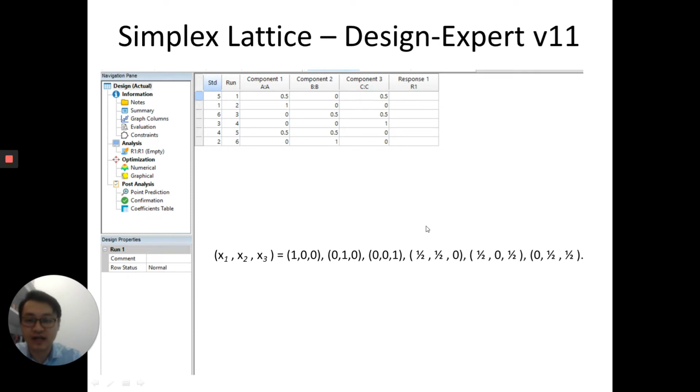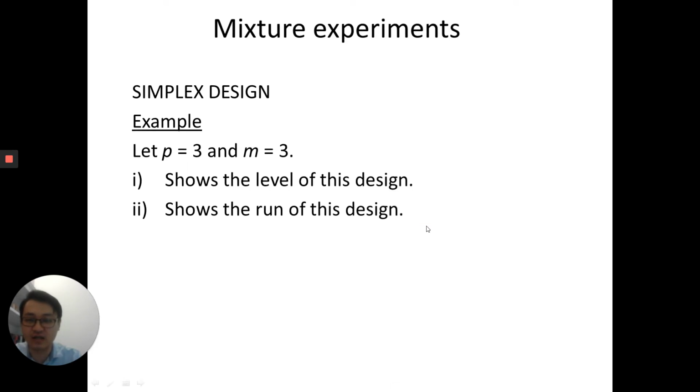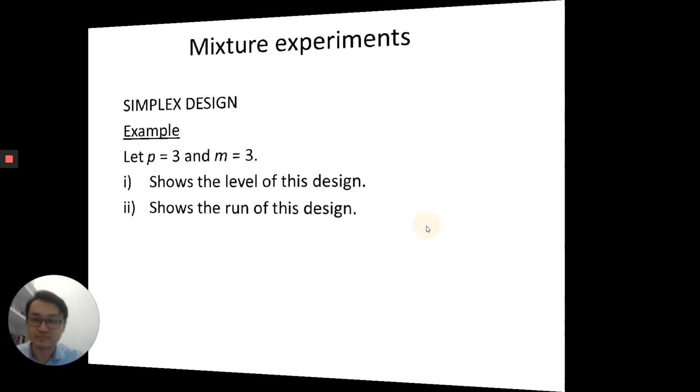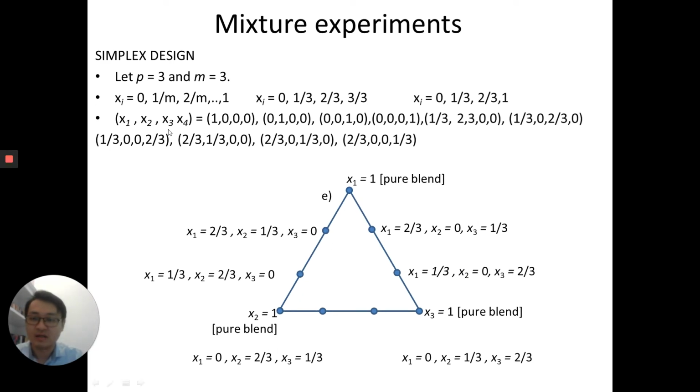So go with another example. P equal to 3 and m equal to 3. By manual calculation, your proportions will be 0, 1/3, 2/3, and 1.